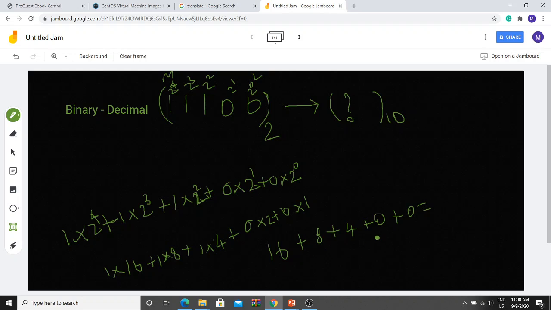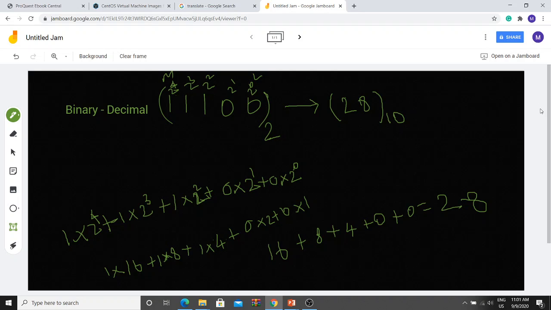So 16 plus 8 plus 4 is 28. So the decimal value of 11100 is 28.